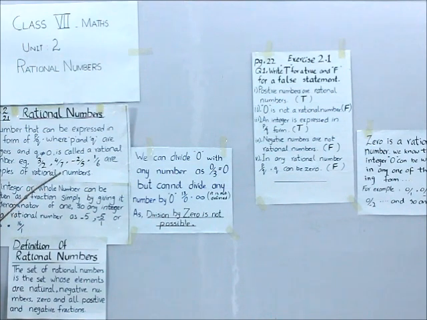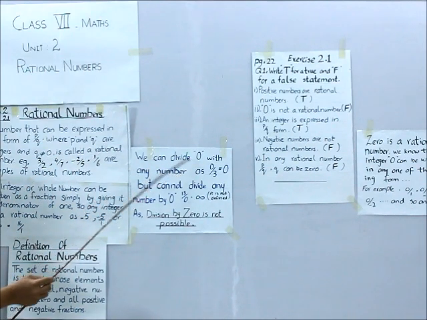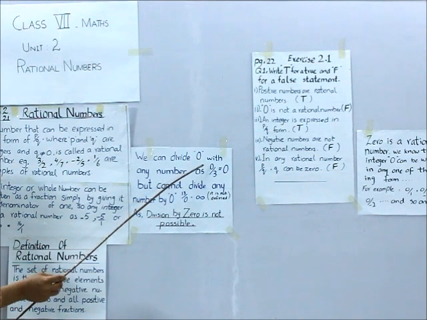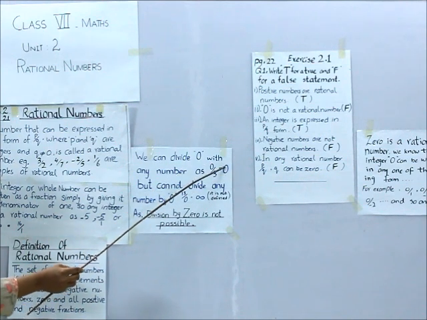Is it clear, students? Let me explain one thing: q should not be equal to 0. It means that our denominator, what is q? q is the denominator. So the denominator should not be equal to 0. Why? Look here. We can divide 0 by any number, as 0 by 3 and the result is 0.